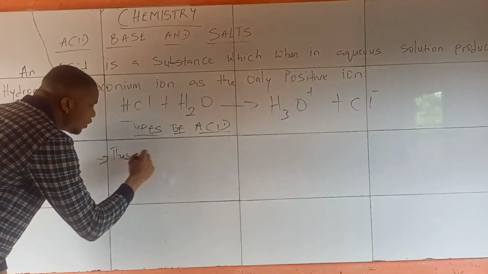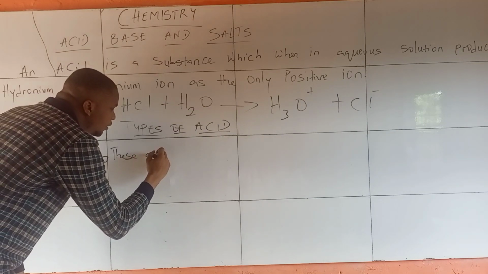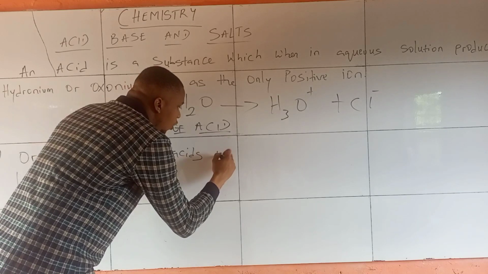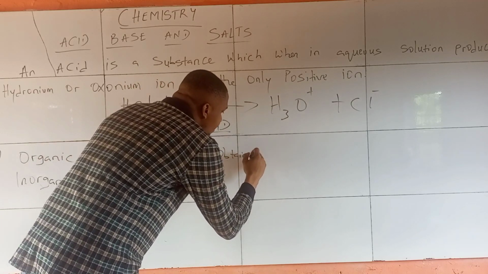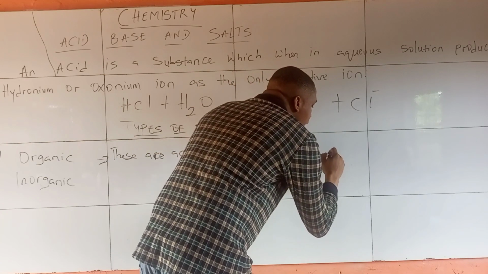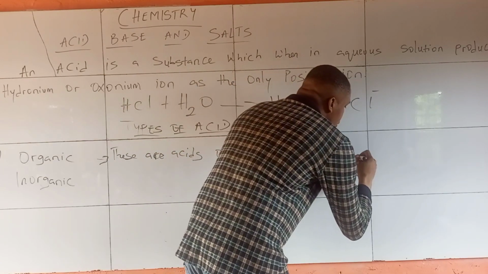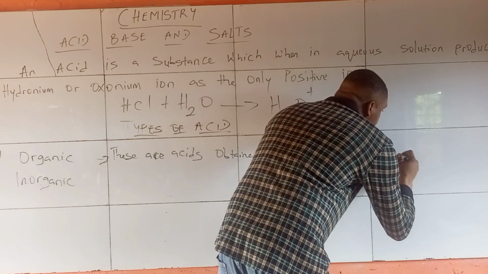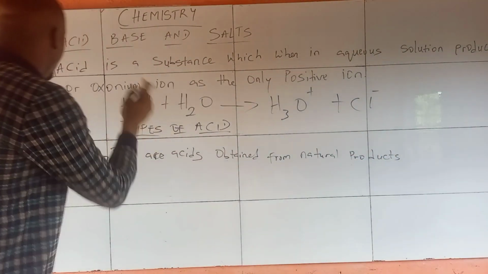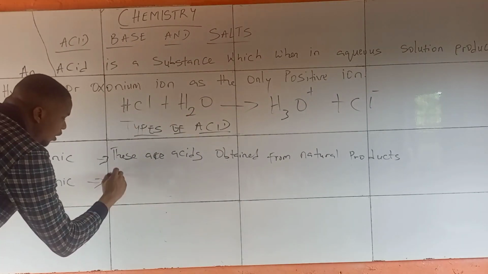These are acids obtained from natural products. Natural products, that's the organic acid. Your inorganic acid.